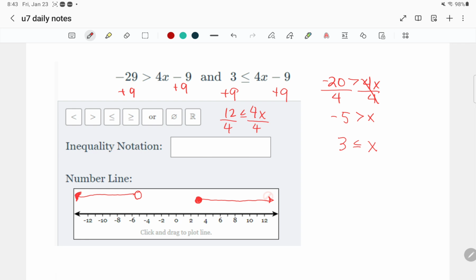And here we have 2 arrows that are going opposite ways, and they never overlap. So if an and is when I only keep the overlap, we now have to use that symbol. So your final is blank. Like your final number line, you kept nothing because there's no overlap.